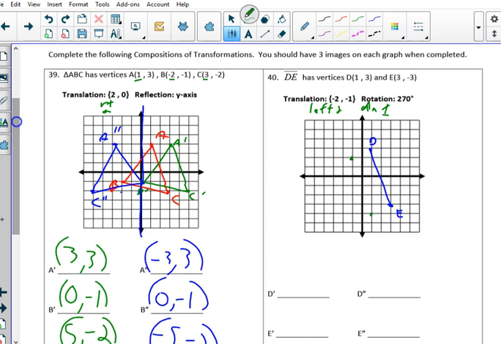Left 2, down 1. E prime, D prime. So where is D prime at? -1, +2. B prime is at 1, -4.